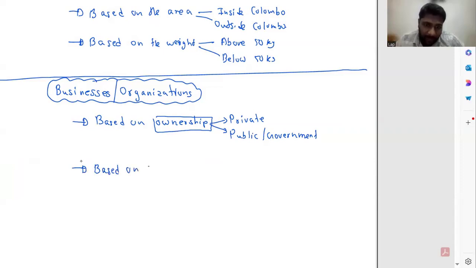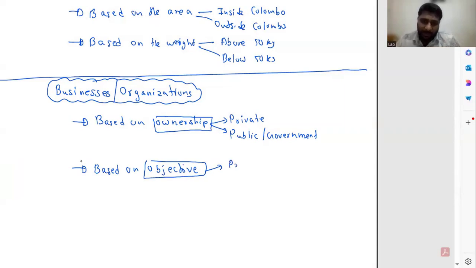And the second one is based on objective. Objective means there are certain businesses who want to make profits. Like the next door grocery shop uncle, he is running the business to make profits, right? Simple as that.